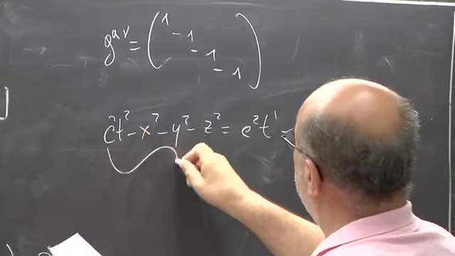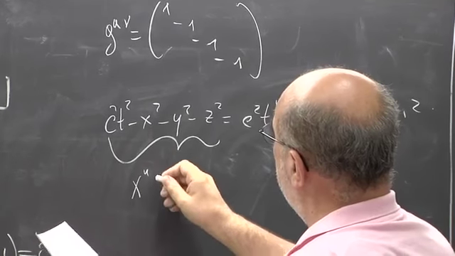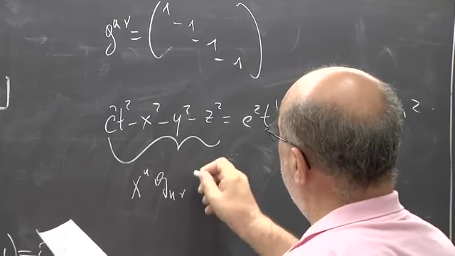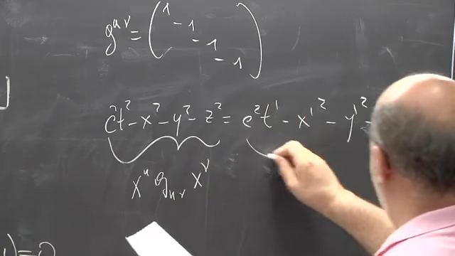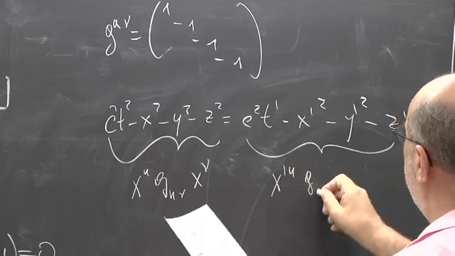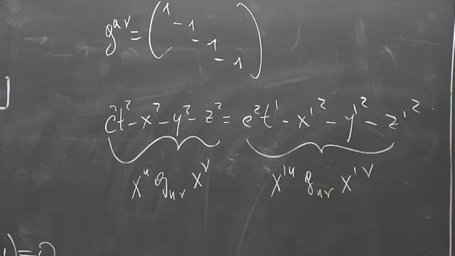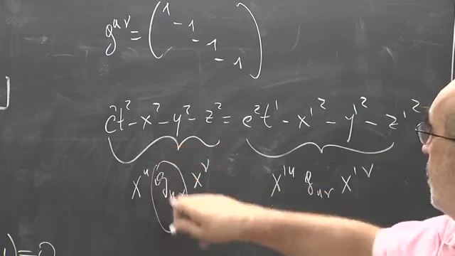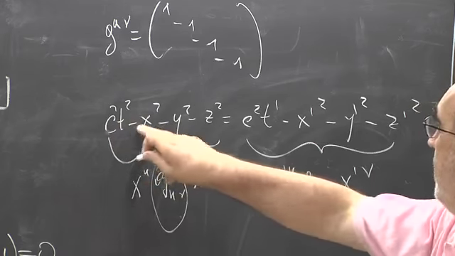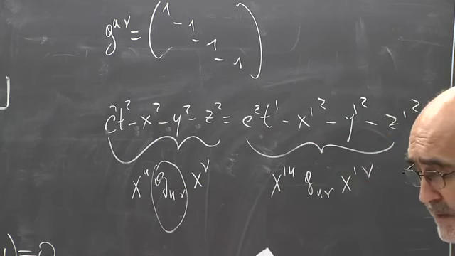You know, here, this object is nothing else than x mu g mu nu x nu, and this object is x prime mu g mu nu x prime nu. And you see, this is what makes my 1 minus 1 minus 1 minus 1. Here I have the same sign, so it remains the same.